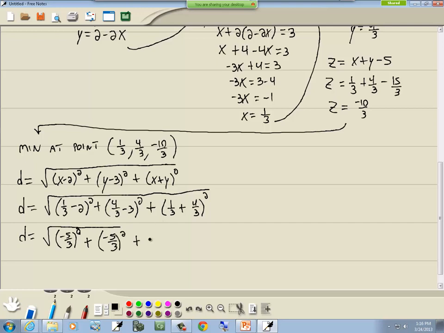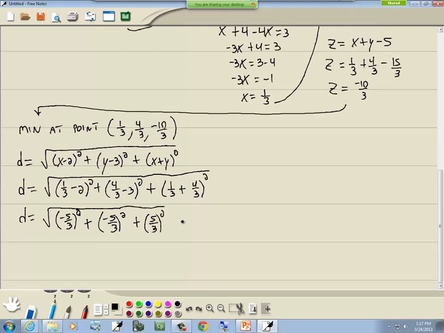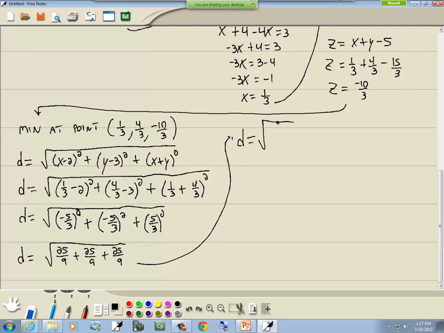And 1/3 plus 4/3 gives us 5/3 squared. Which gives us 25 over 9 plus 25 over 9 plus 25 over 9, which gives us 75 over 9.